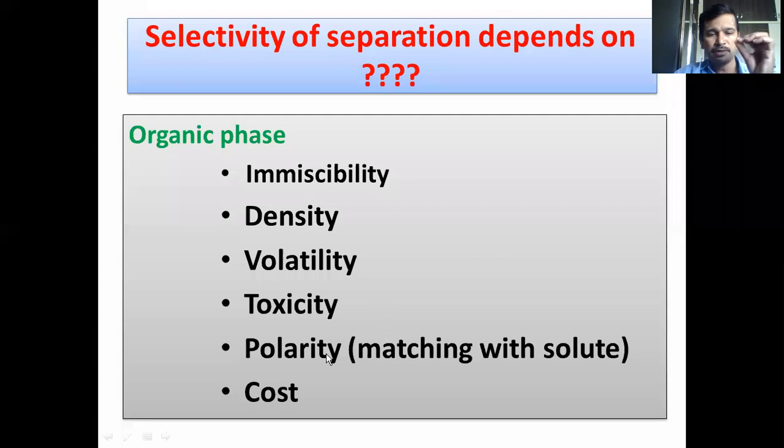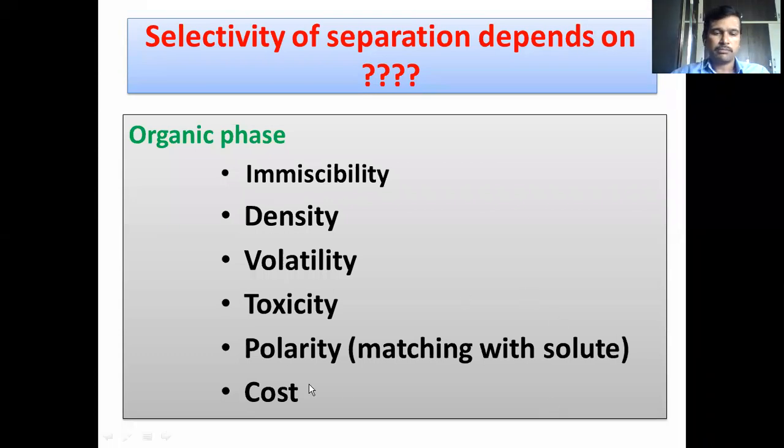If the polarity of the analyte matches the polarity of the organic phase, it is rapidly attracted by the organic solvent. Therefore, the analyte dissolves in the organic solvent. Like attracts like means the polarity of the analyte matches the polarity of the organic phase, so the solubility of the analyte will become rapid in the organic phase.